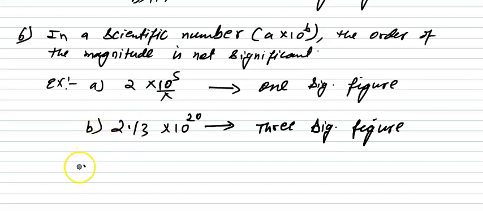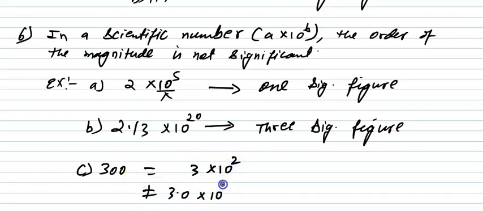Just take one more example over here, because there is some confusion regarding the scientific figure. If I write 300, sometimes you can also write this as 3 into 10 to the power 2, right? You should not write 3.0 into 10 to the power 2. This is actually wrong, because written like this it has 2 significant digits.